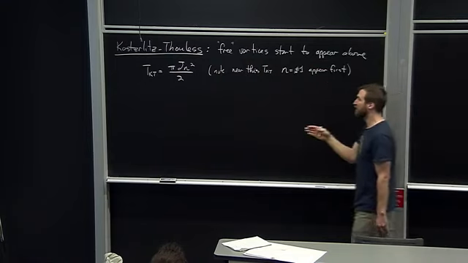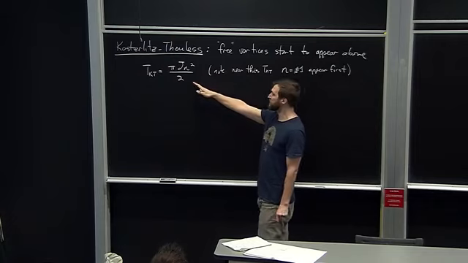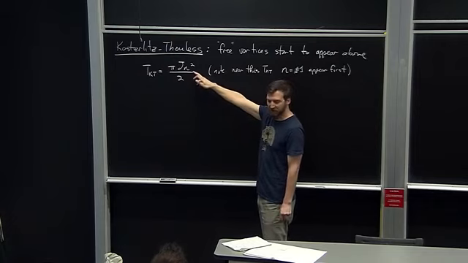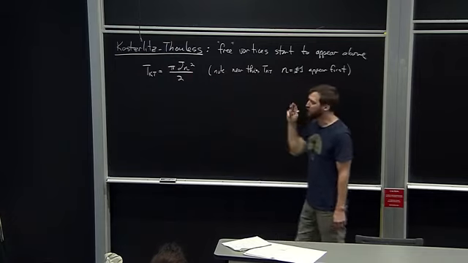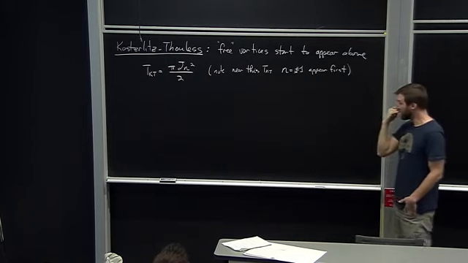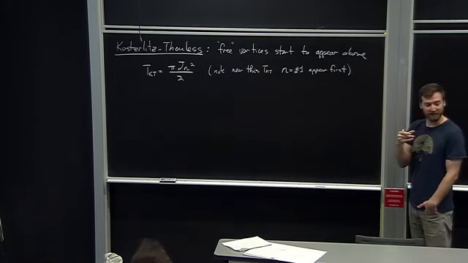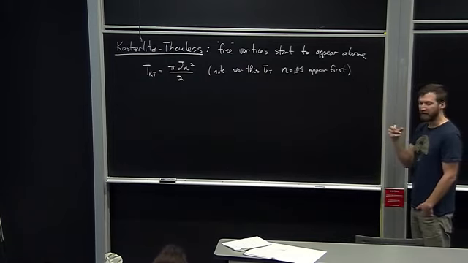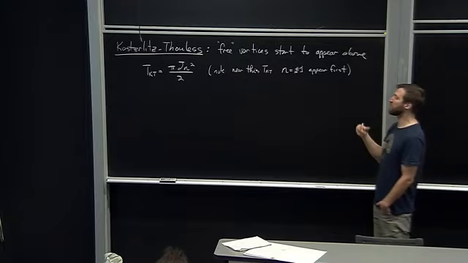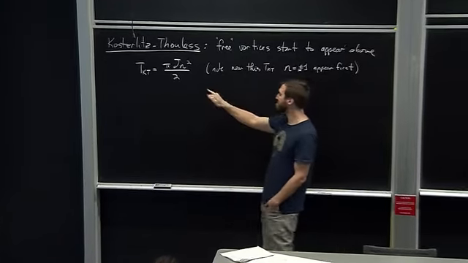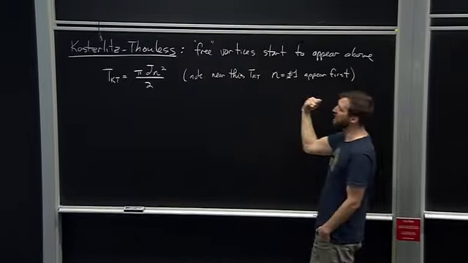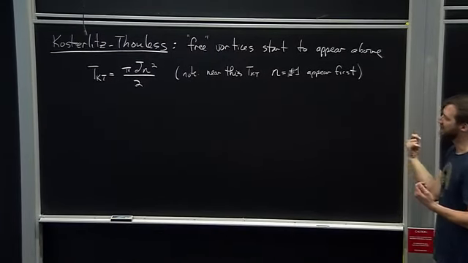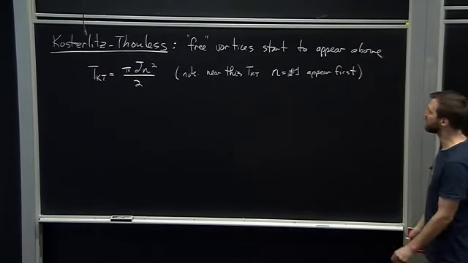Below the Kosterlitz-Thouless transition, where n squared is the charge, the topological charge of the vortex, you basically have no vortices, or as we're going to see today, they are actually vortices bound with a logarithmic Coulomb potential. And above that temperature, they can unbind, the plus and minus vortices.